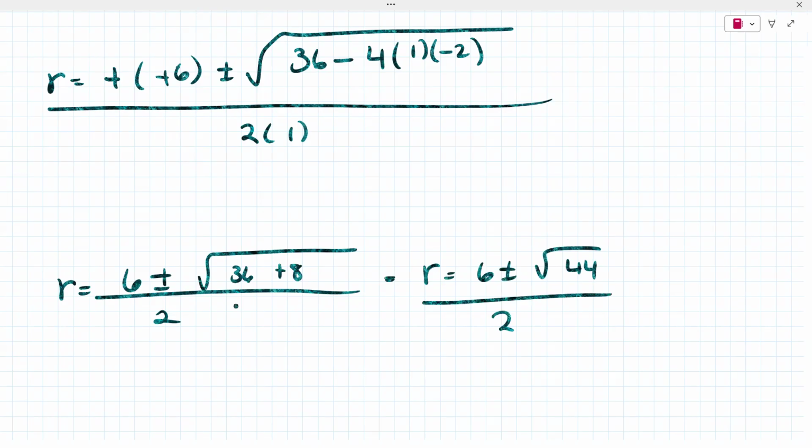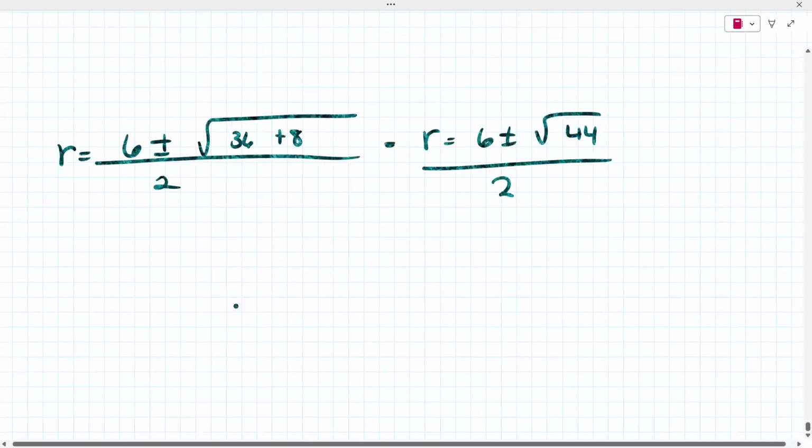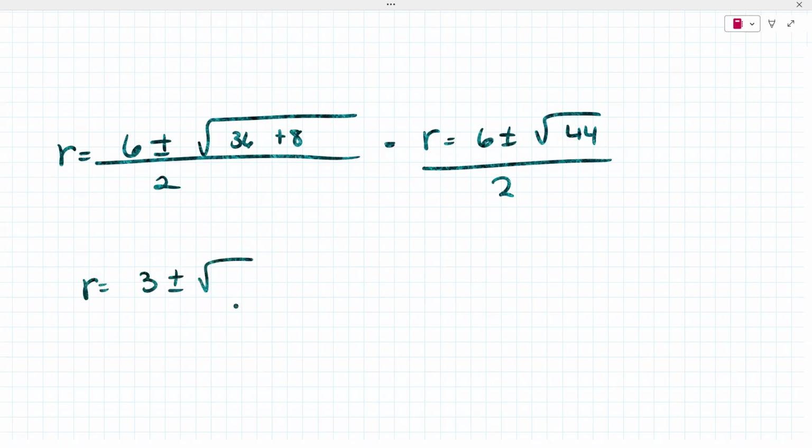If you simplify this, r equals 3 plus or minus the square root of 11. My two roots are r equals 3 plus the square root of 11, and r equals 3 minus the square root of 11.